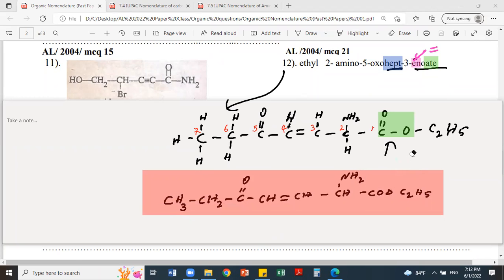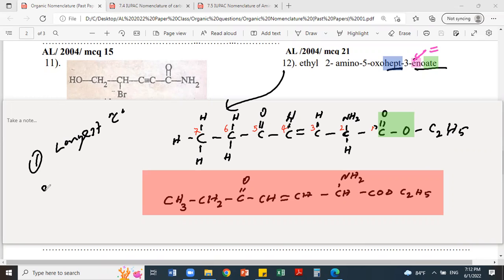Is that clear? So it's not hard. The only thing is you should get the concept. From where should you start? You have to decide how many carbon are in the longest chain. Then number the chain and put the functional group. Okay, these are the steps that you should follow. Check the longest carbon chain, whether it is hexa or hepta or whatever.